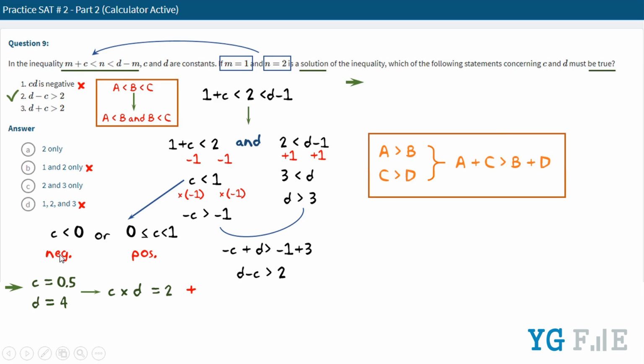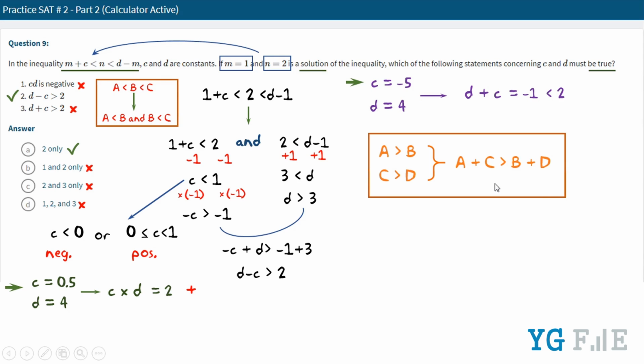For example, if we take c to be minus 5 and d to be 4, then d plus c will be 4 minus 5, which is minus 1. Then minus 1 is of course less than 2. So from this example, we can say that the third statement is not true. Then the second statement is the only true statement for this problem. Therefore, the answer is A.